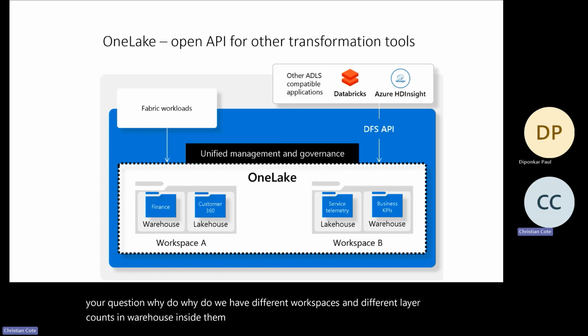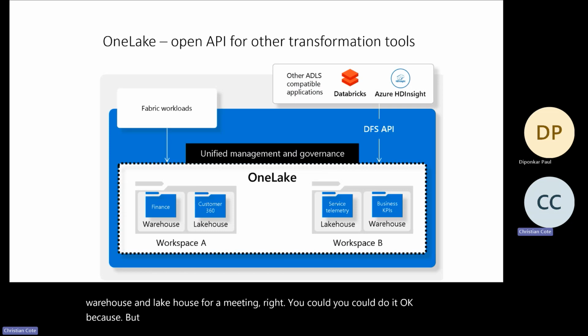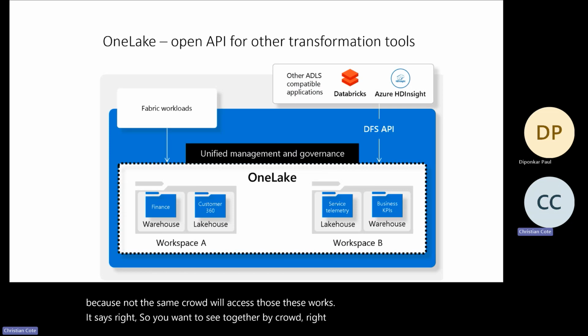Because you could have a central warehouse and lakehouse for everything, you could do it. But this gives you the possibility of having multiple workspaces, because not the same crowd will access these workspaces, so you want to segregate by crowd. HR doesn't want you to see the same data.